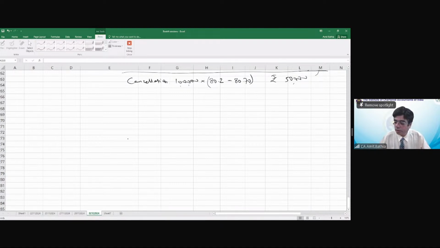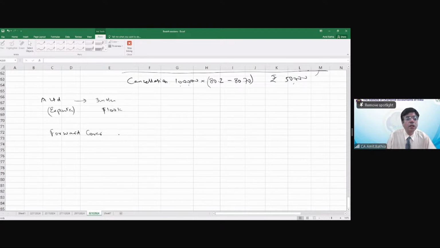For example, I have A Limited, an exporter, who is going to receive, after 3 months, say $100,000, and it goes and procures a forward cover.